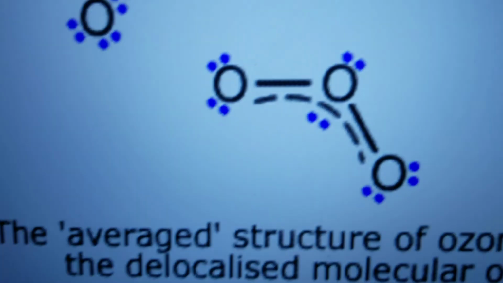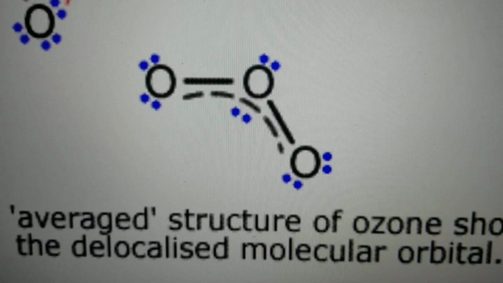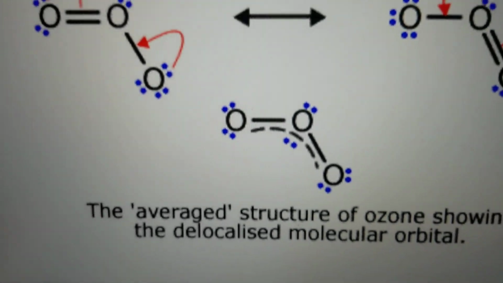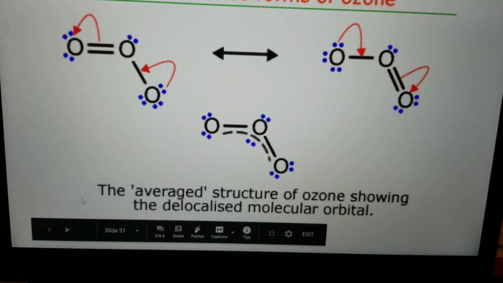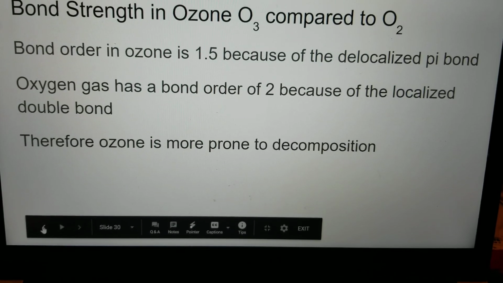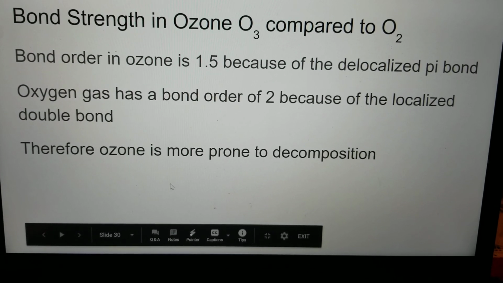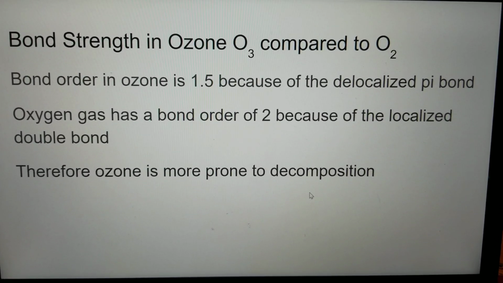This bond order is 1.5. And therefore, that makes ozone easier to break down, which is the skill that they want you to know. Okay, ozone is more prone to decomposition. And that's topic 5.